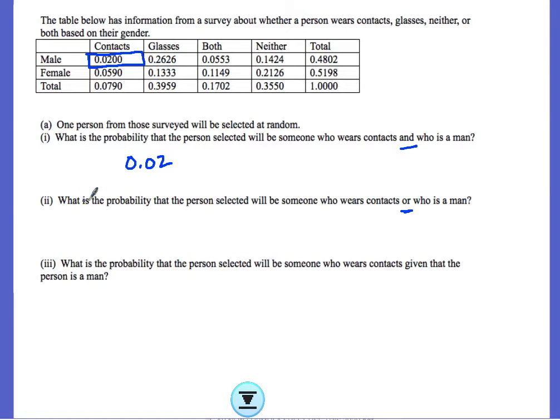So in the context of this problem, it would be the probability of wearing contacts plus the probability of being a man minus the probability of wearing contacts and being a man.